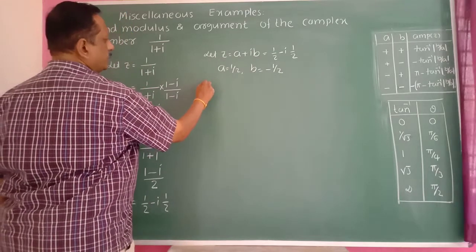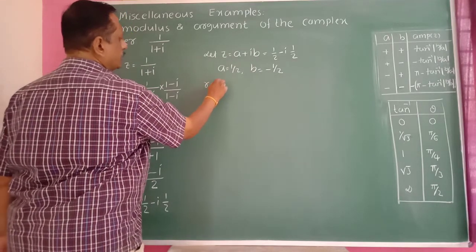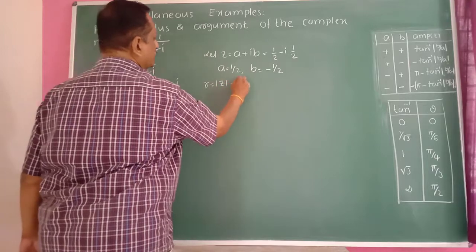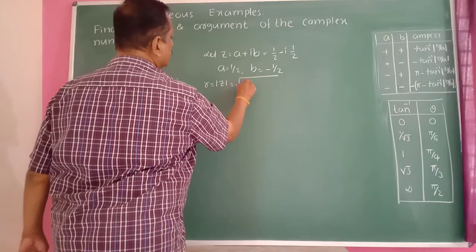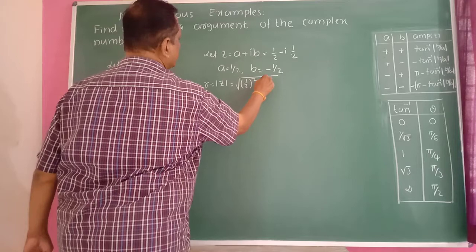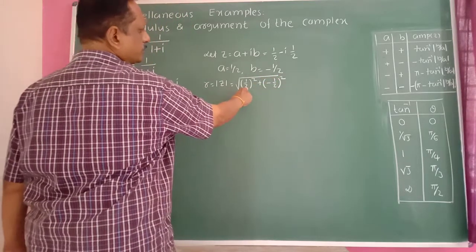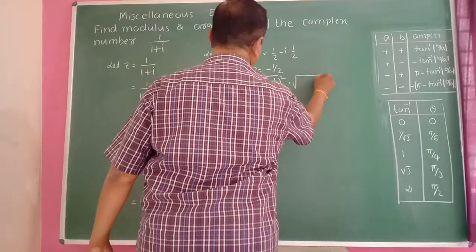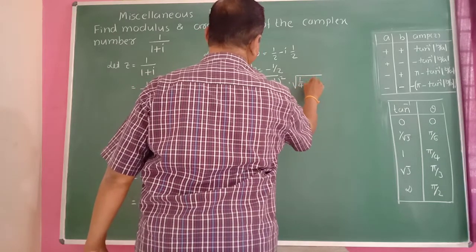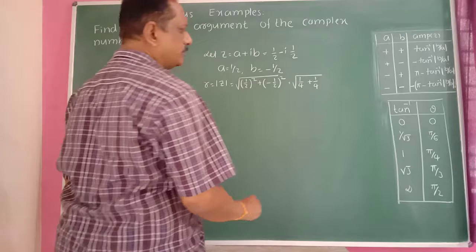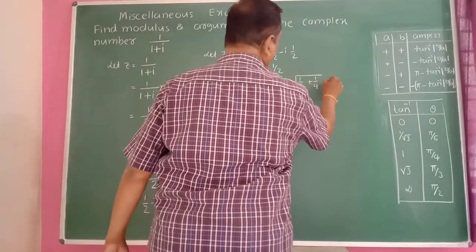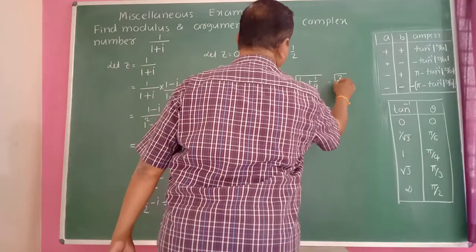Therefore, r is equal to the modulus of the complex number, which equals root of (1 by 2) square plus (minus 1 by 2) square. 1 by 2 square is 1 by 4. Root of 1 by 4 plus 1 by 4 is the root of 2 divided by 4.